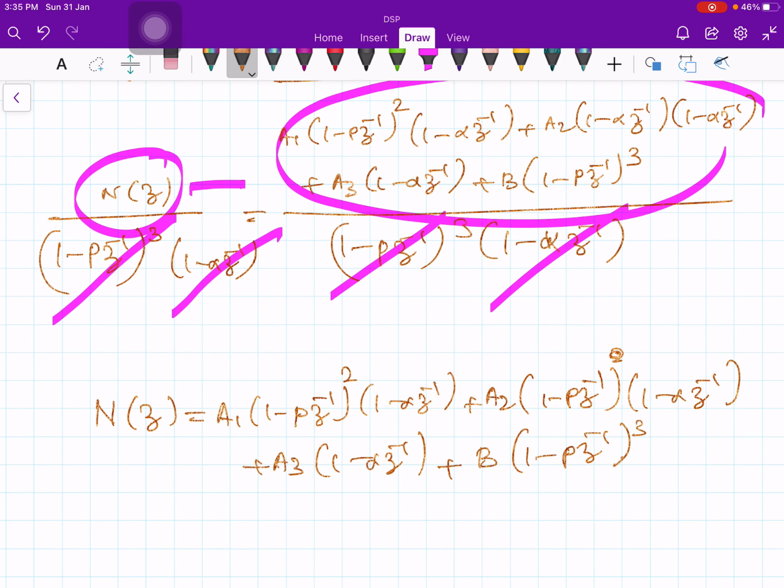So you can do this method also if you find that to be more convenient. If you like this method, you can do it. Compare term by term on the left hand side and the right hand side, so that you will get the A1 value, A2 value, A3 value and B value.